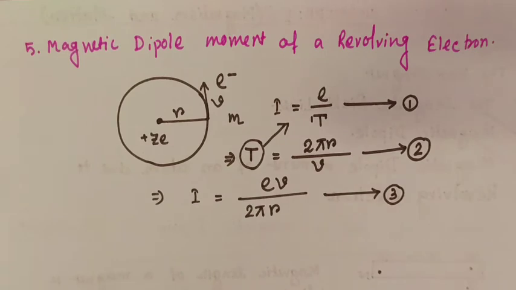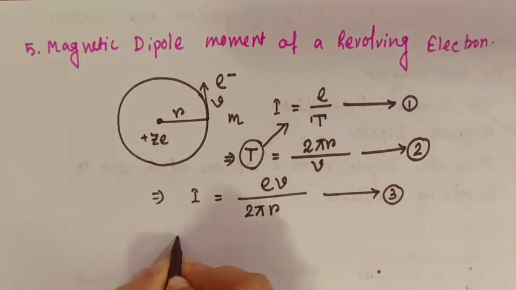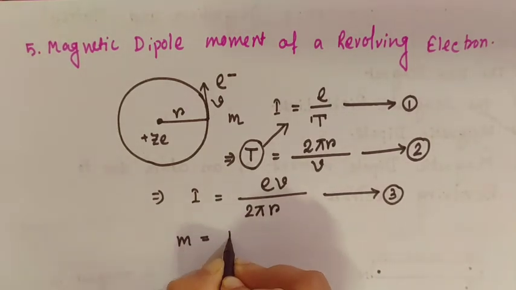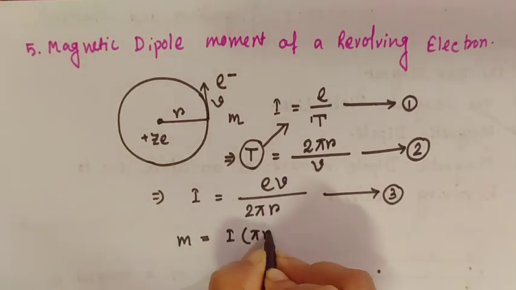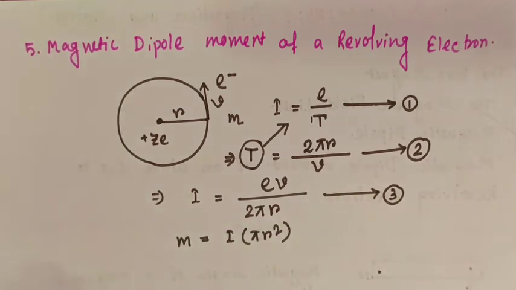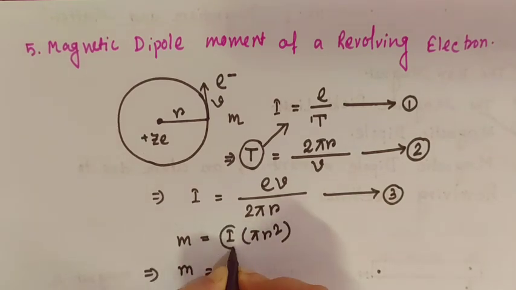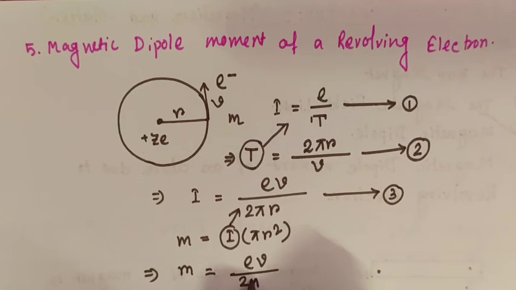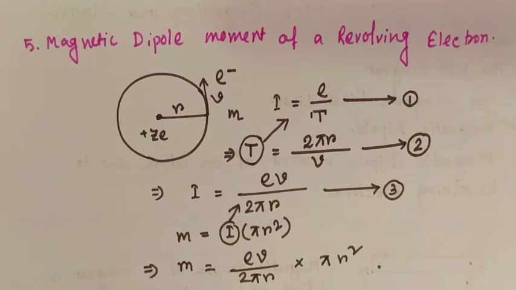Okay. The magnetic moment arising from the orbital motion of the electron is, we know, M is equal to I into pi r square. So in place of I, if we put this value, ev by 2 pi r into pi r square.